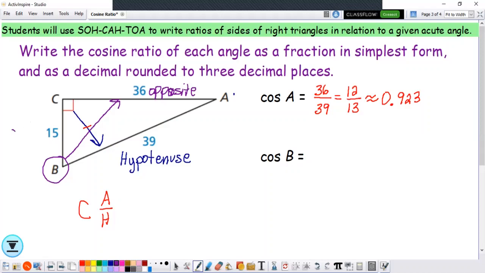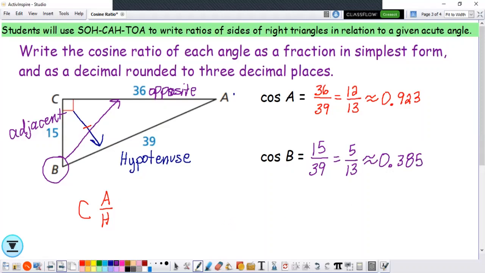So that means the 15 is the adjacent. And again, cosine is adjacent over hypotenuse, A over H. So this is 15 over 39. Again, both of these numbers are divisible by 3. So this reduces to 5 over 13. And as a decimal rounded to 3 places, that is 0.385.